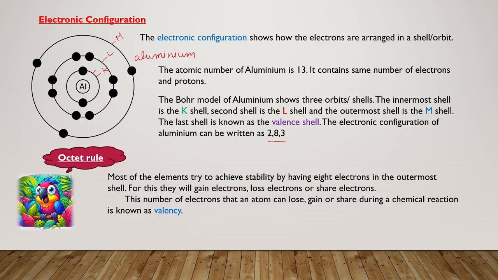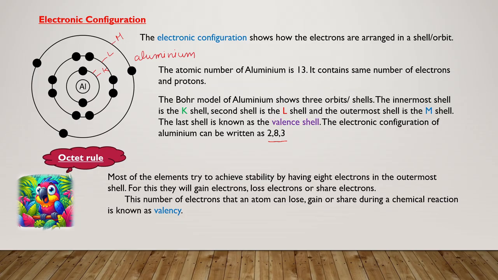I am talking about slightly higher elements, not the smaller ones. And this tendency of atoms to attain stability by having 8 electrons in the outermost shell is known as the octet rule. Octa means 8, and octet rule. By following this octet rule, these atoms try to reach a stable state.